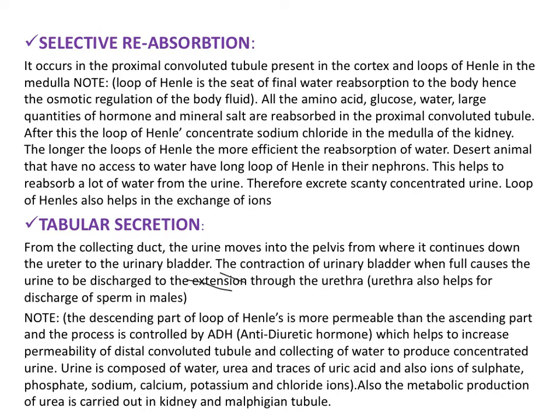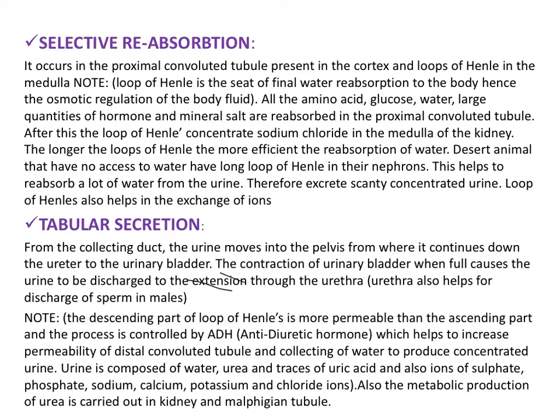Note, the descending part of the loop of Henle is more permeable than the ascending part. The descending part of the loop is more permeable to water than the ascending part. And the process is controlled by a hormone known as ADH, antidiuretic hormone.